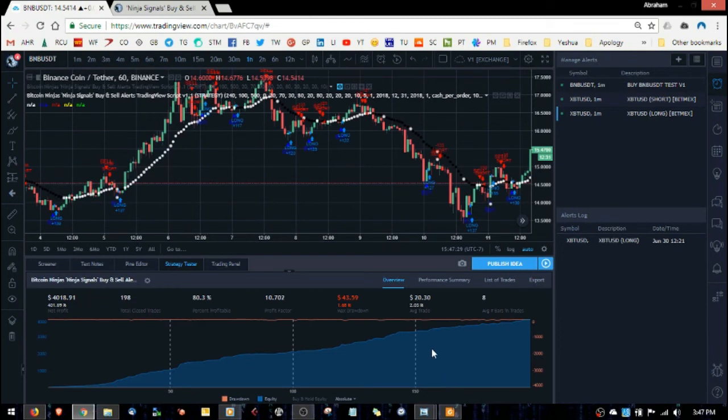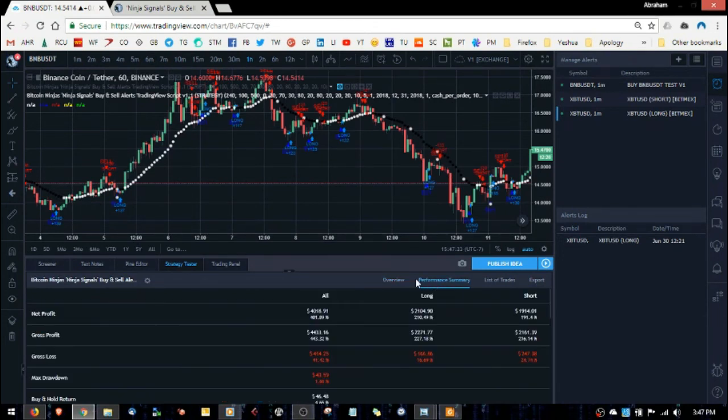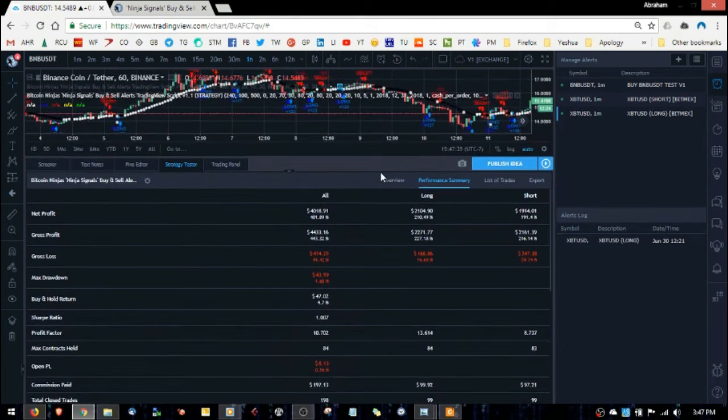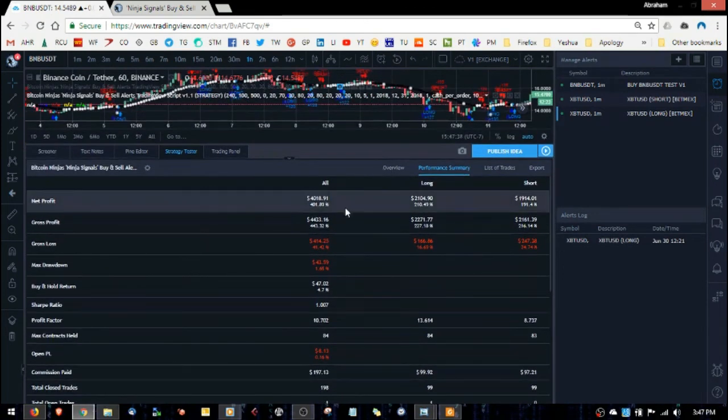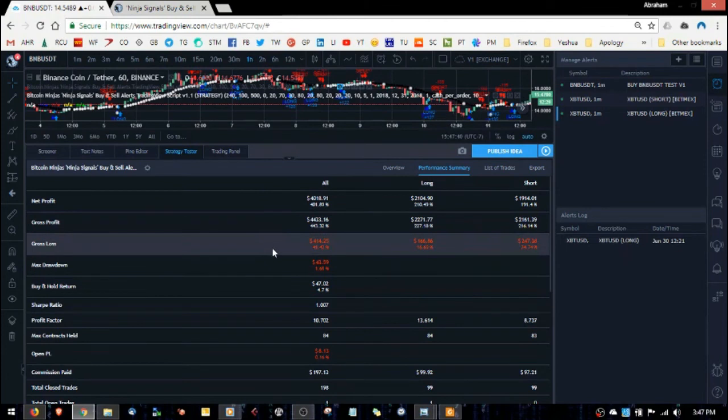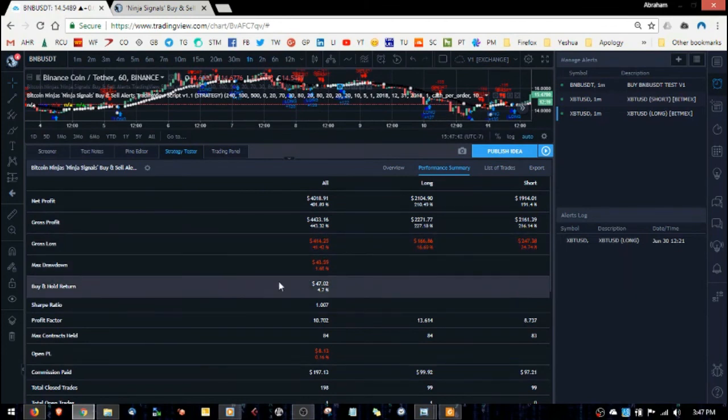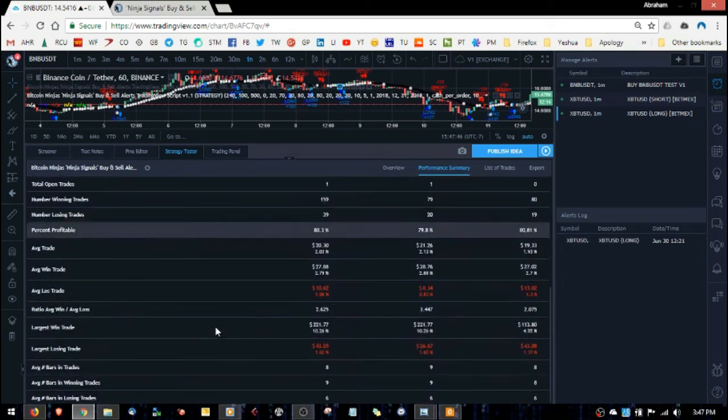Another important note to feature with the backtesting strategy is there's also a performance summary tab. If you click that, you can see a layout of all the different trades. You can see net profit, gross loss, max drawdown, buy and hold return, profit factor, lots of different things.